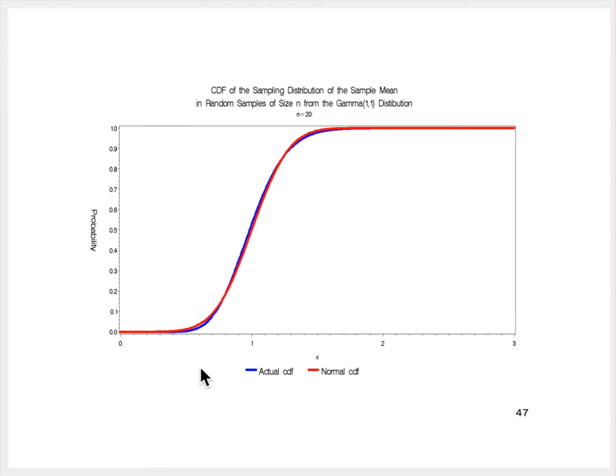When the sample size is 20, there's very good agreement between the two functions. The agreement's even better for samples of size 30, 50, and then 100.